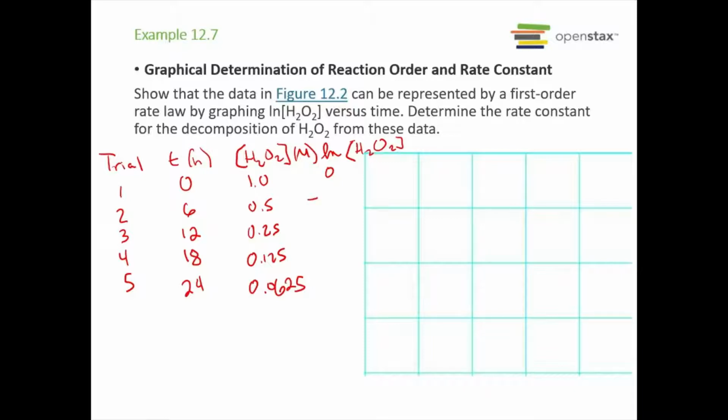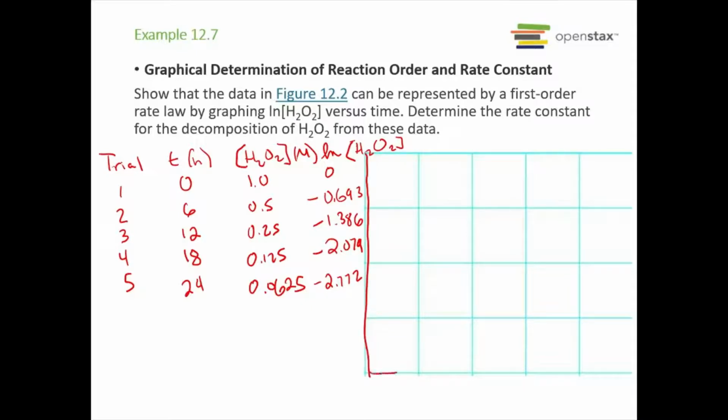Okay, so 0 for the natural log of 1, the natural log of 0.5, you get negative 0.693, negative 1.386, negative 2.079, and negative 2.772.